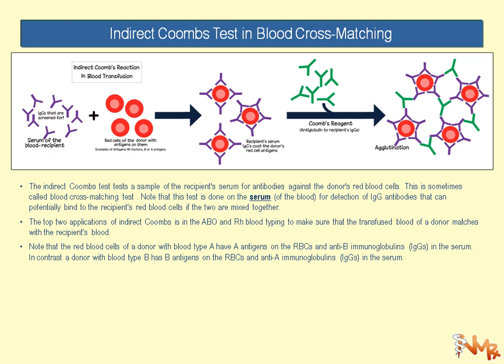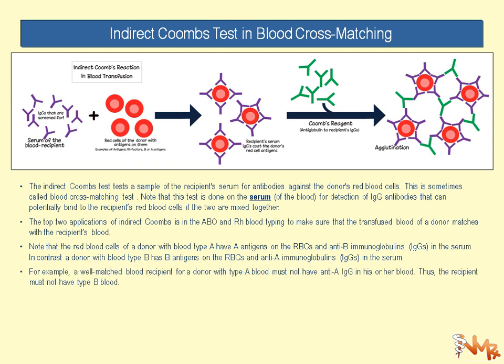In contrast, a donor with blood type B has B antigens on the red blood cells and anti-A immunoglobulins in the serum. To give you an example, a well-matched recipient for a donor with type A blood must not have anti-A immunoglobulin in his or her blood.